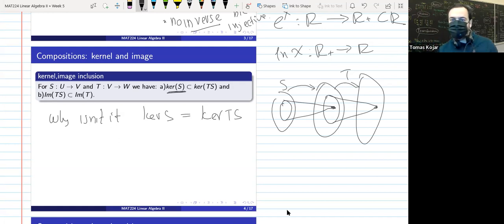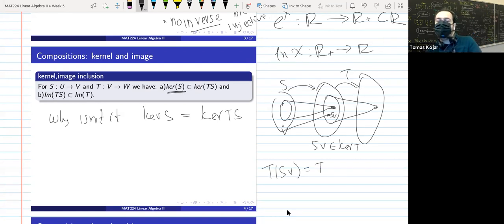Perfect. So take some element outside the kernel of S, call it V, and it sends it in here, call it S of V. And S of V is in the kernel of T. So then you have T of S of V, call it Tx, would be 0. Is that okay?